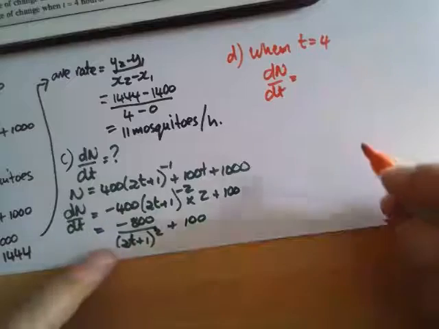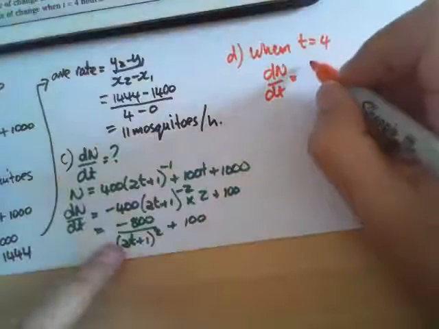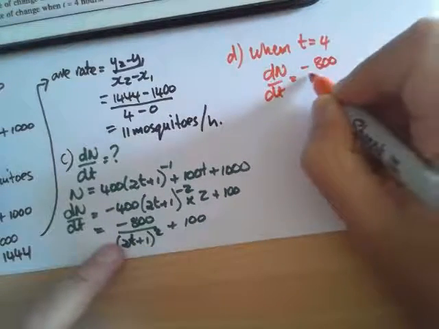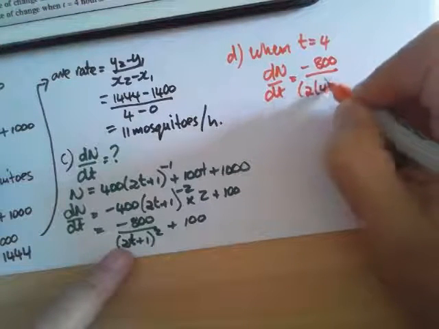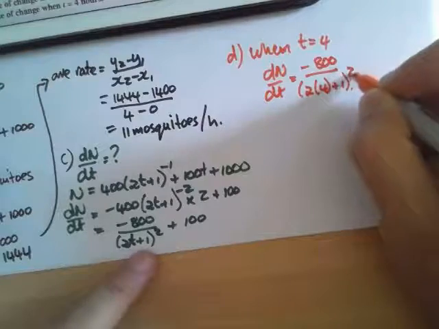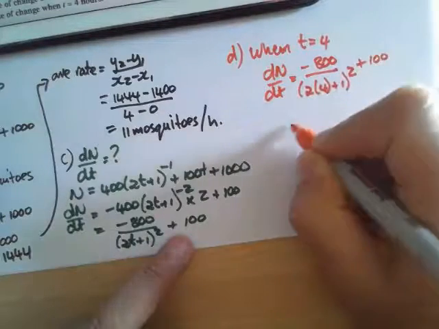Okay, and that's going to give us -800 over 2 times, I'm going to put a bracket for 4, plus 1 squared plus 100.